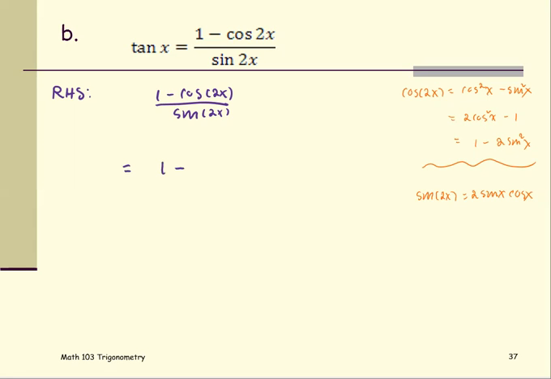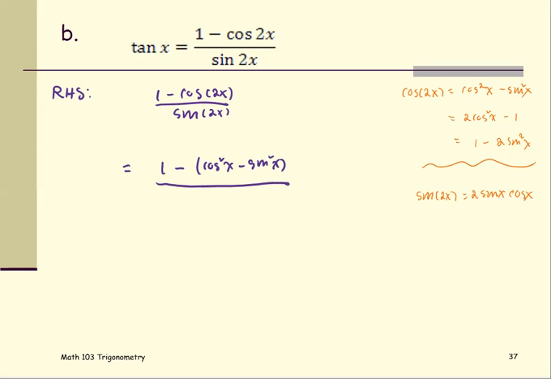We can choose either one of them for the numerator. So I'm going to use the first one. If it doesn't work, we can always select another option. So let's go with the first one, cosine square x minus sine square x, to replace the cosine double angle of x.